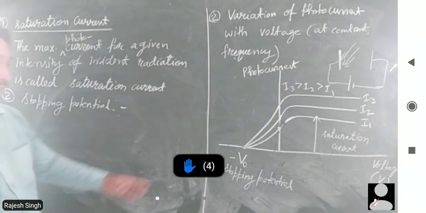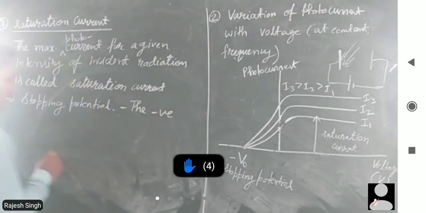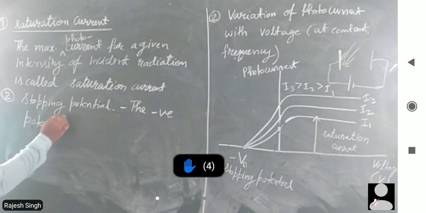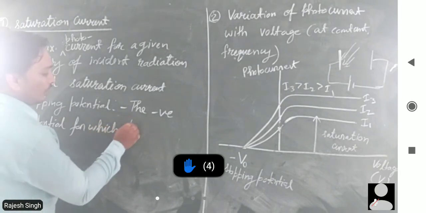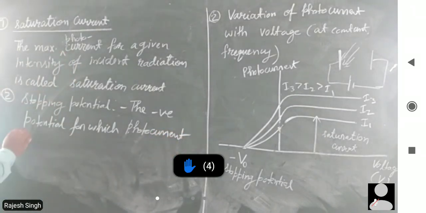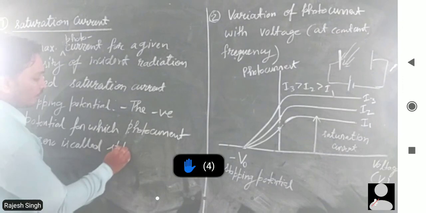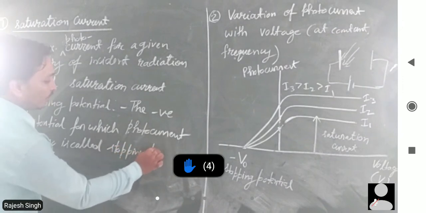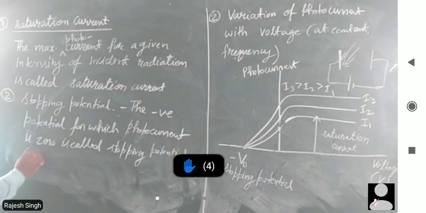The negative potential for which the photocurrent is zero is called stopping potential. And it is denoted by V naught.